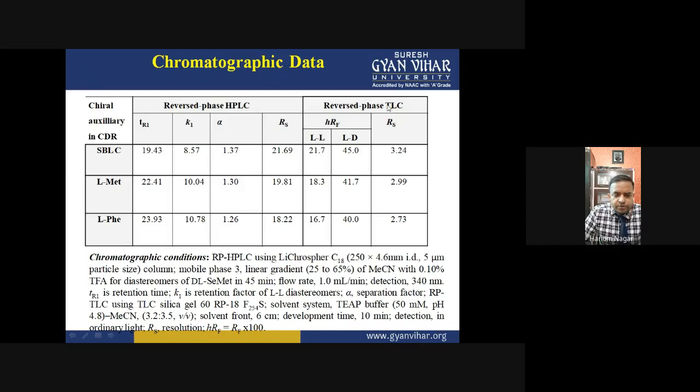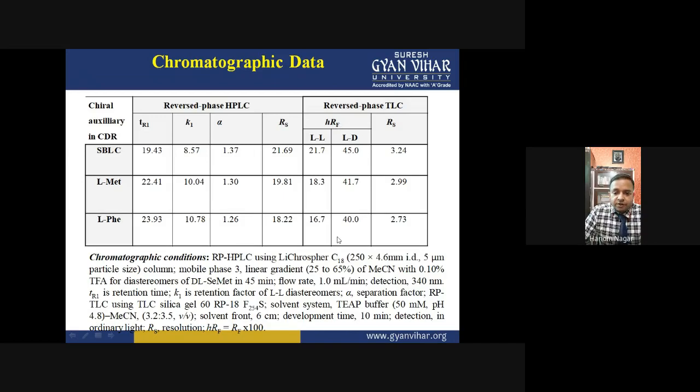We also made a chromatographic run in reverse phase TLC, meaning C18 stationary phase was spread on thin layer chromatographic plates, and we ran the chromatography. After the run, this was the resolution. And these are the HRF values; RF means the retardation factor, and H means we have multiplied the RF value by 100.